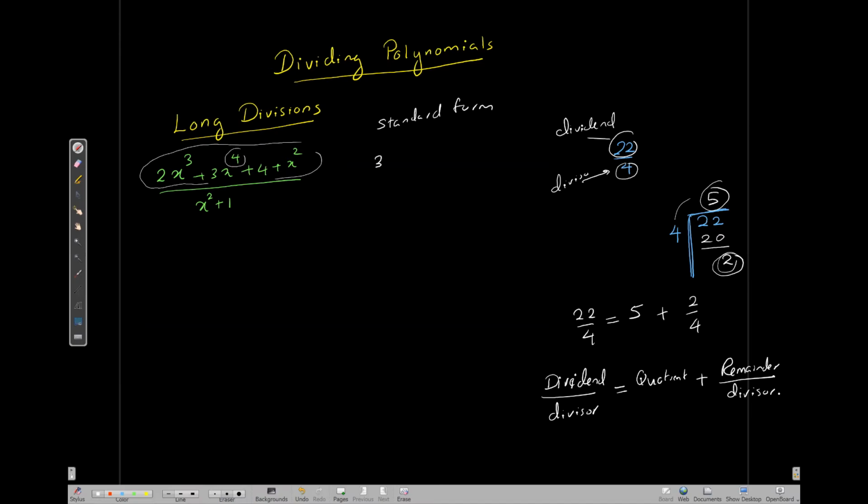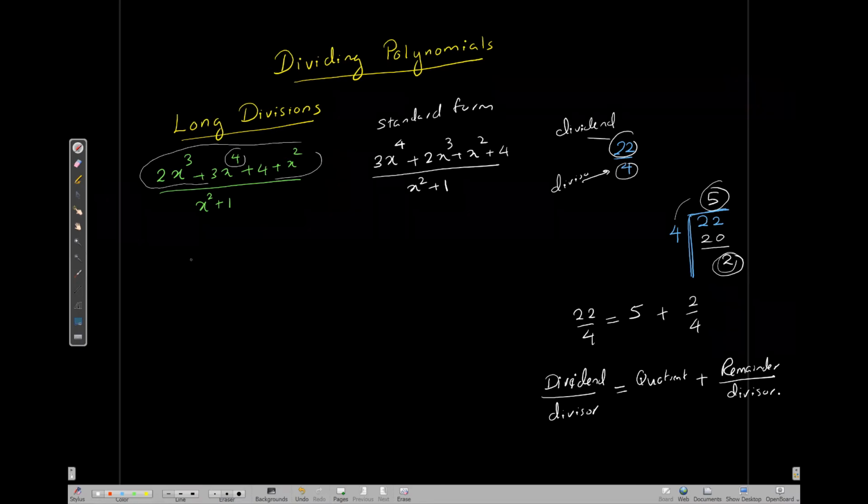So we must write the highest power first, and then the next higher, 2x cubed, next one x squared, and next one 4, divided by x squared plus 1. Even with the denominator, if it is not in the standard form, make it into the standard form. That is the first step.